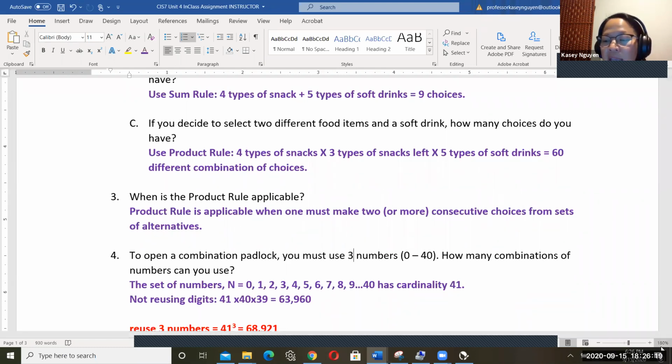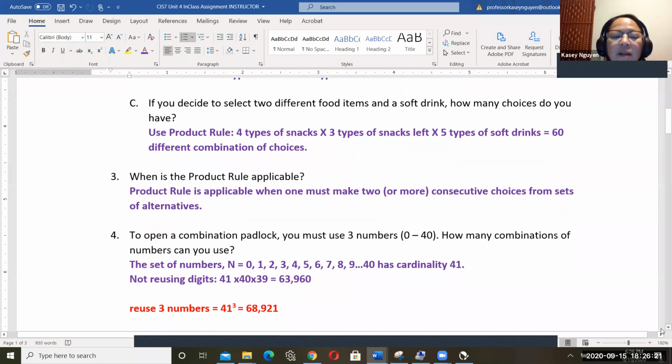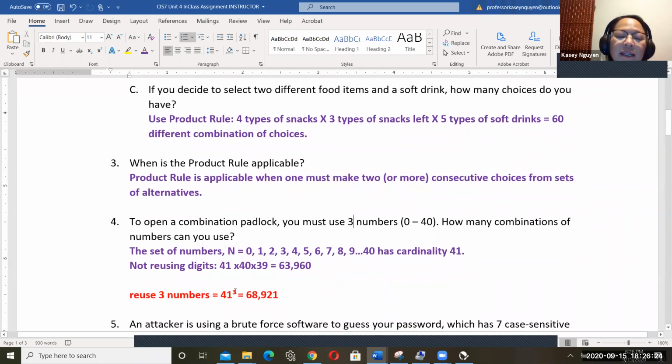Now, if we reuse the number, we simply take 41 to the third power, which gives us 68,921. In a realistic case, this is more of a valid answer because most of the time people have the option to reselect that number in their padlock.